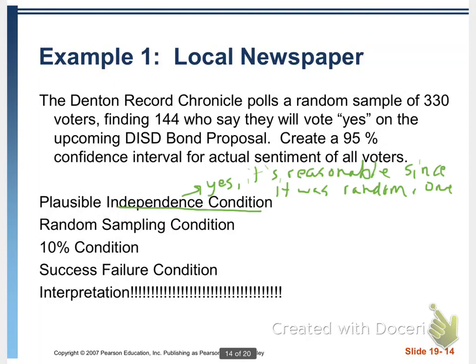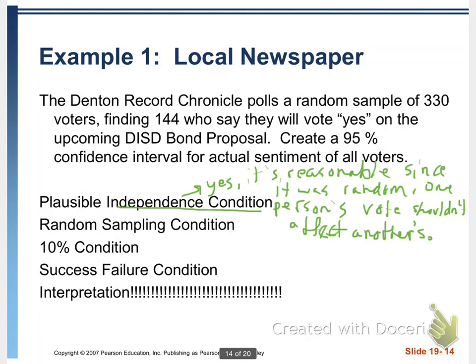One person's vote shouldn't affect another's. Okay? So you just have to say something about it. You can't just sit there and ignore saying that.